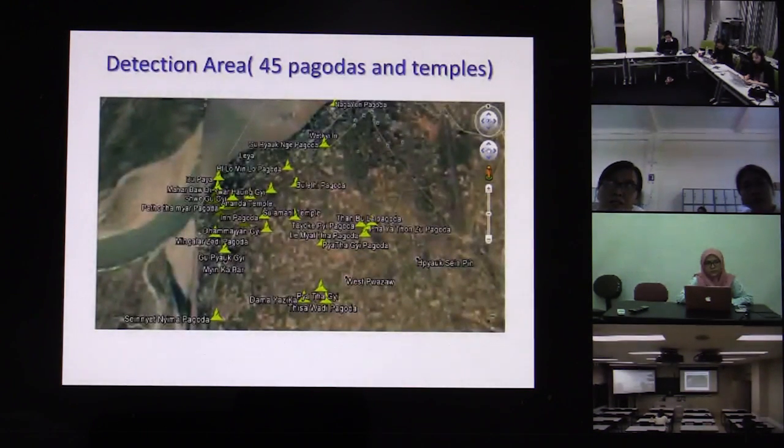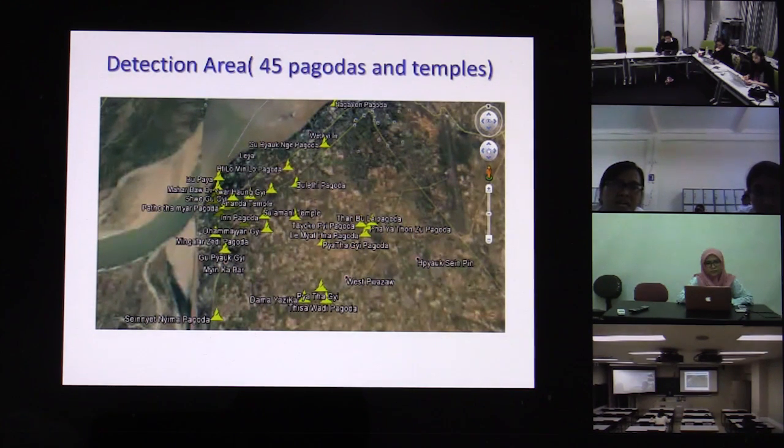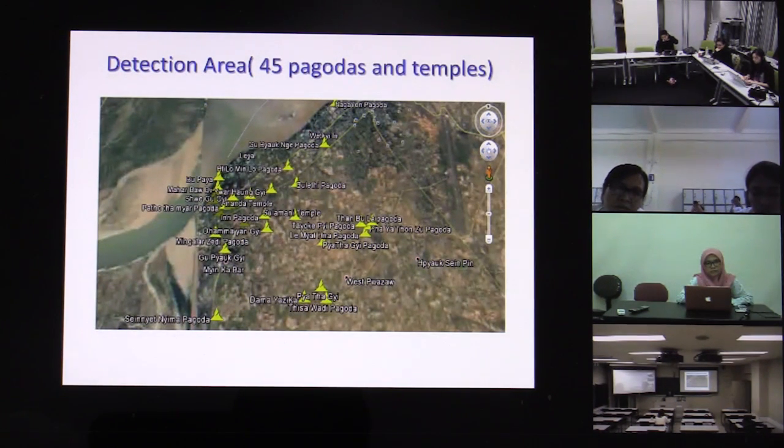We also define the detection area. Now we consider 30 to 45 pagodas and temples to investigate in this fieldwork. So one or two pagodas for each participant will be investigated and data collected. Now we arrange it firstly like this.